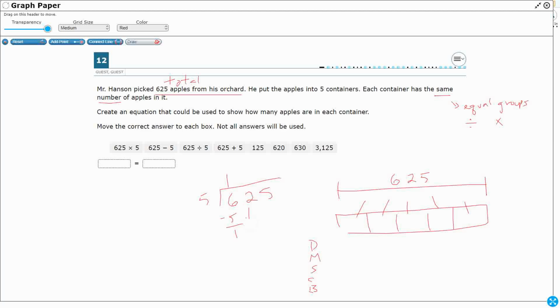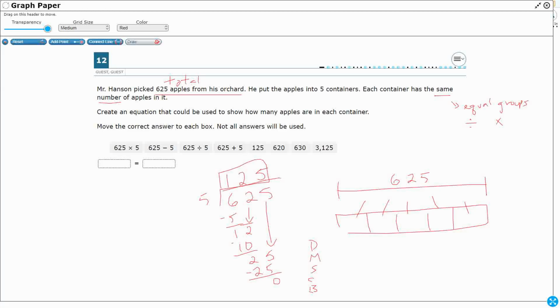We bring down just 1 number at a time. Then we divide all over again. 5 goes into 12 twice. 2 times 5 is 10. We subtract. 2, check. Is it smaller than 5? Yes. Bring down the next one. Start all over again. 5 goes into 25. 5 times. 5 times 5 is 25. And there we go. It goes into 625 evenly.